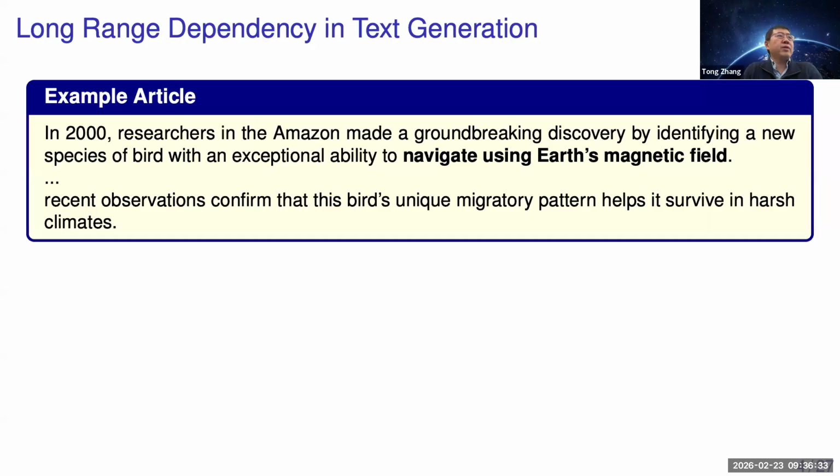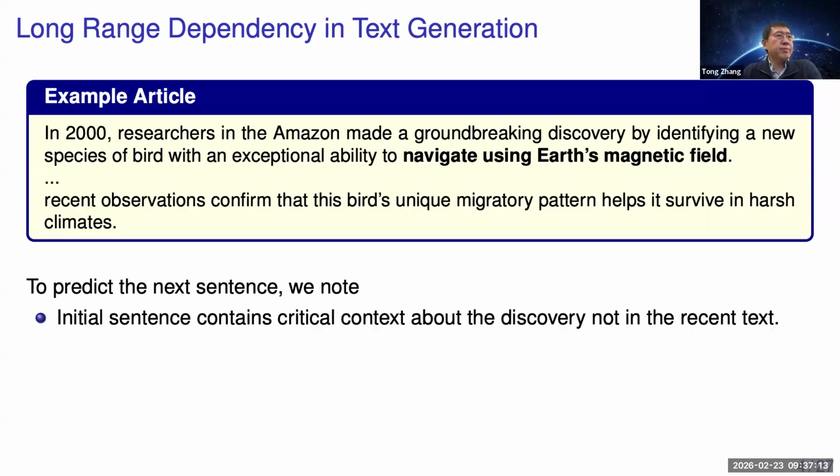Let me give a quick example. Say you have an article, and the first sentence introduces something important, say navigating using Earth's magnetic field, which is probably important for the context. But the article goes on and on, and at some point you want to generate a continuation. An RNN tends to forget these very early things, and when doing the completion it only looks at the more recent text.